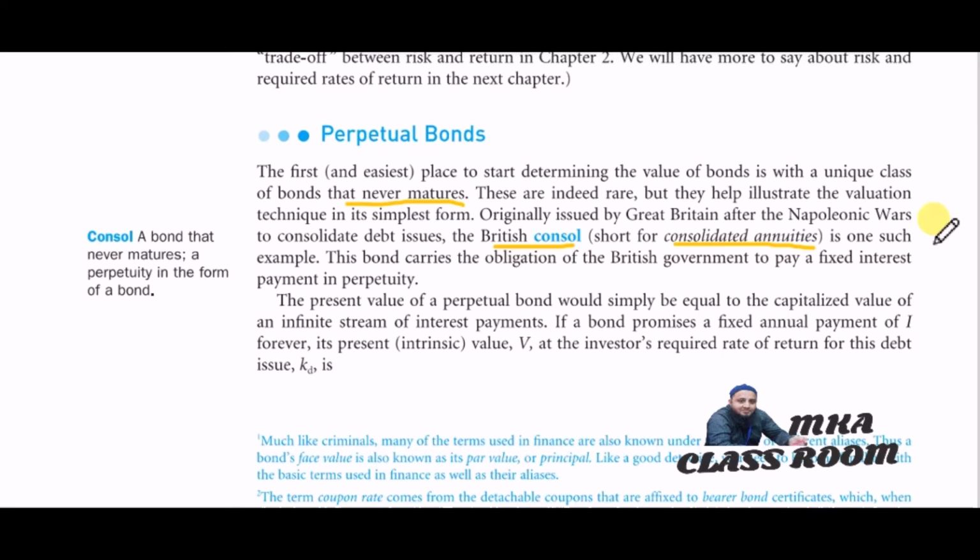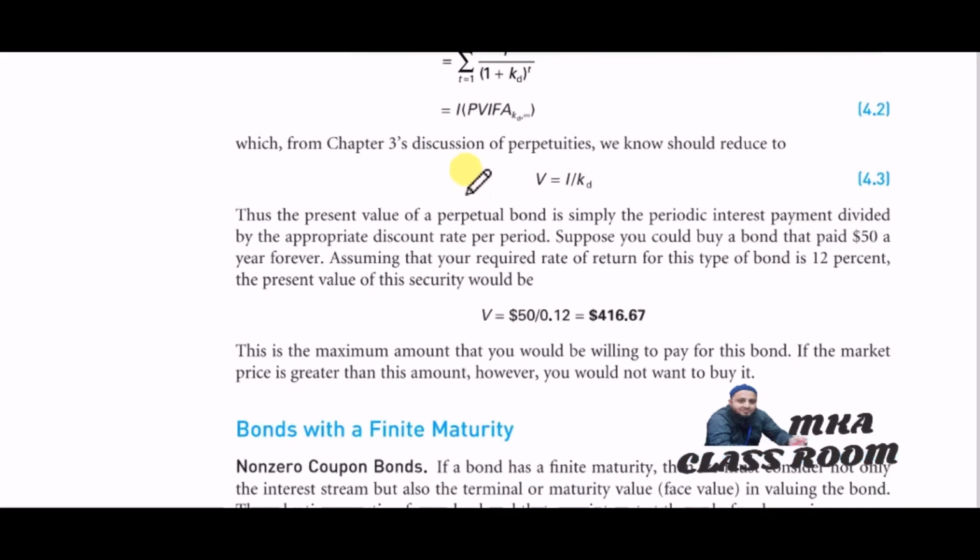If a bond promises a fixed annual payment of I forever, its present or intrinsic value V, at the investor's required rate of return Kd, is V equals interest payment divided by interest rate: V = I / Kd.